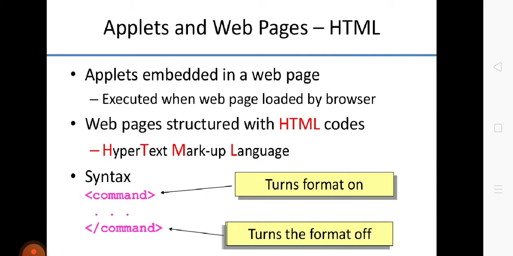We know that if you want to create a web page, you need the hypertext markup language, HTML. HTML consists of various kinds of tags, and the syntax for the tags is like that. You can see that every command is enclosed in angle brackets, and for every command there is a turn-on format and a turn-off format. The turn-off format will have a slash in it.